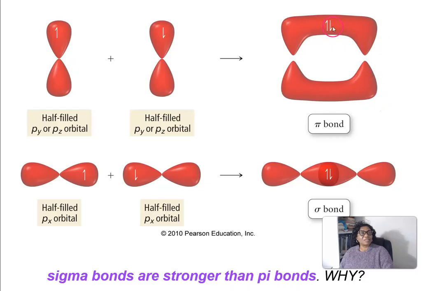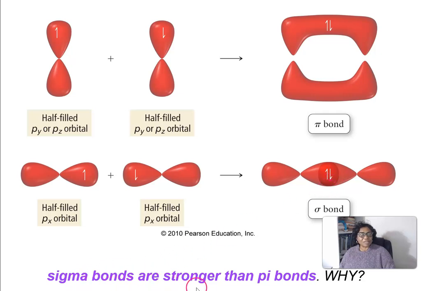And look at the 2 electrons that they have. You see the 2 electrons here in the pi bond. But when they come head on, I want you to look at it, they form what we call a sigma bond. Look at how the sigma bond looks. And you see the pair of electrons are inside.